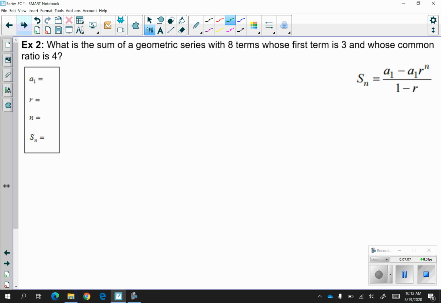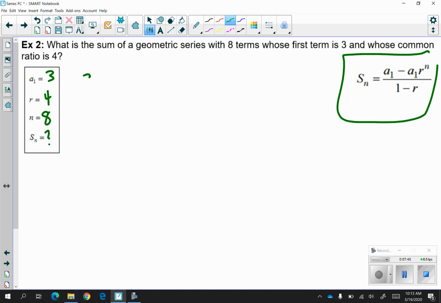Okay, last example, we're going to find the sum of a geometric series with 8 terms, whose first term is 3 and whose common ratio is 4. So we have, first of all, that they're talking about 8 terms. That means that's going to be n. The first term is 3, so that's a sub 1. And the common ratio r is 4. We're trying to find the sum of this using this formula that, again, is on your reference sheet. You don't have to remember it.